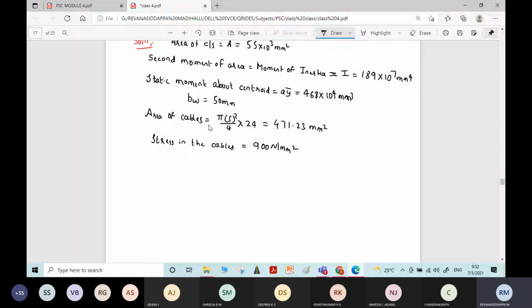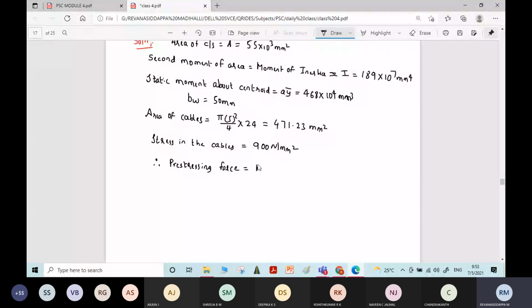You know area of cables, you know stress in the cable, so you can find pre-stressing force. Therefore, pre-stressing force P is equal to stress into area.